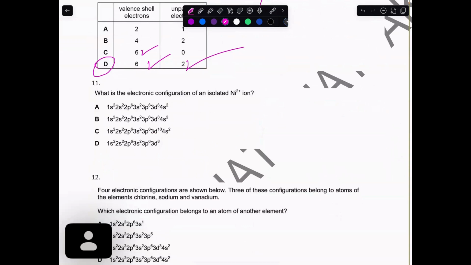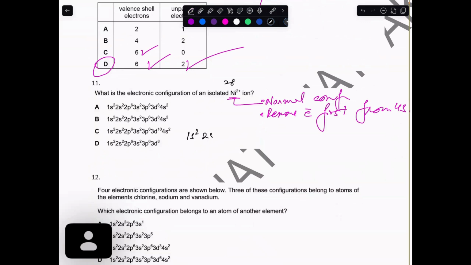Now, the configuration of nickel 2+. You are supposed to do the normal configuration, then remove electrons first from 4s. Keep in mind, nickel is 28. 1s2, 2s2, 2p6, 3s2, 3p6, 18, 19, 20, and 28.